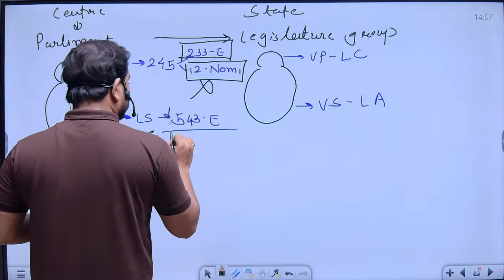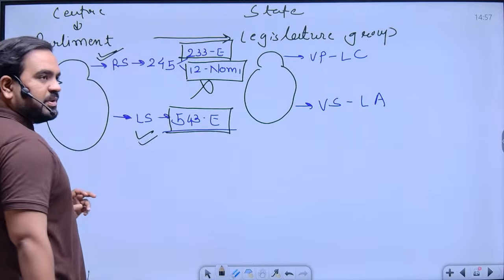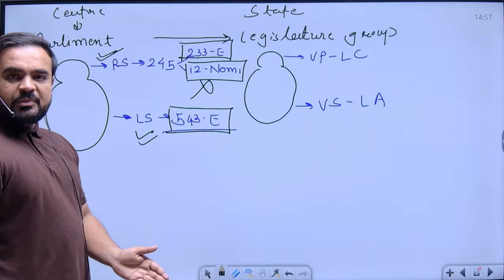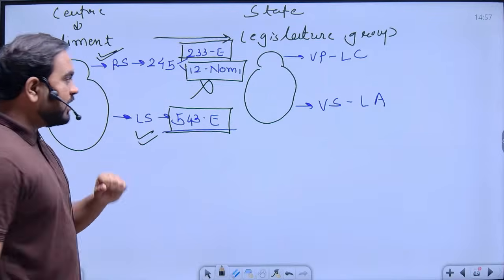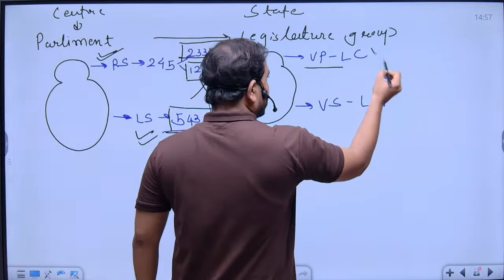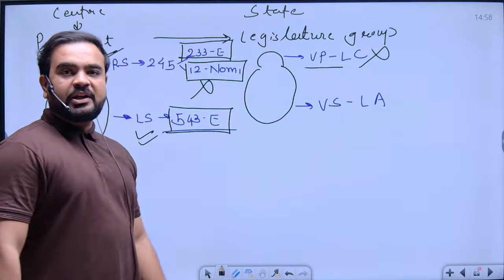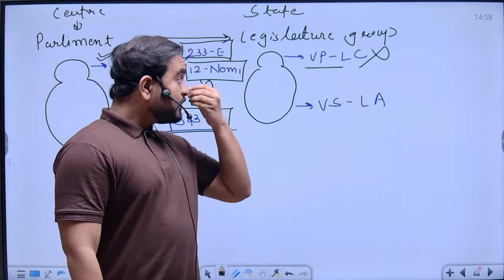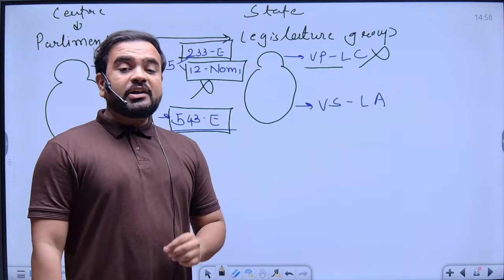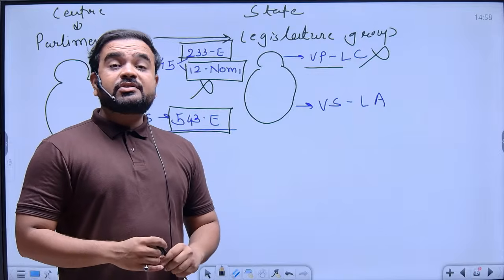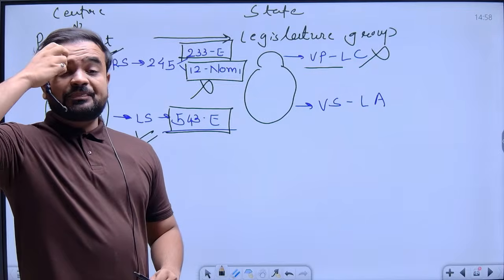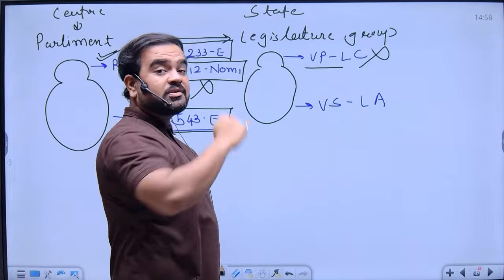All the members of Lok Sabha will take part in the election of the president of India. Why so? Because nobody is nominated in Vidhan Parishad. Nobody can take part in the election of India president. Why? Because Vidhan Parishad is not established and administered in all the states of India. It is only established in 6 states of India.